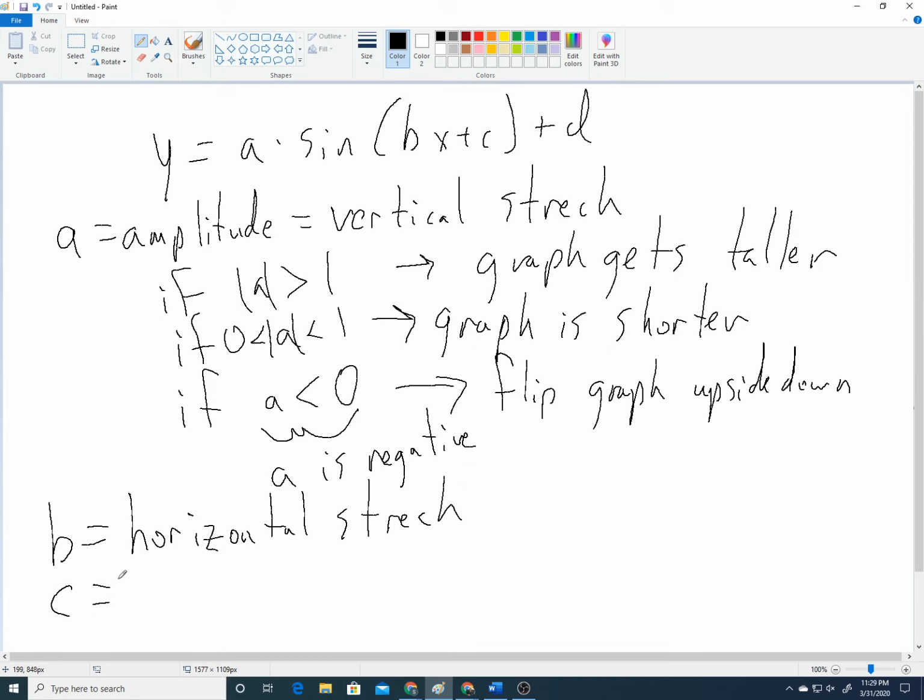Your C value, I should say here, with your B and your C value, they give the horizontal stretch. And C right here gives you the horizontal shift.